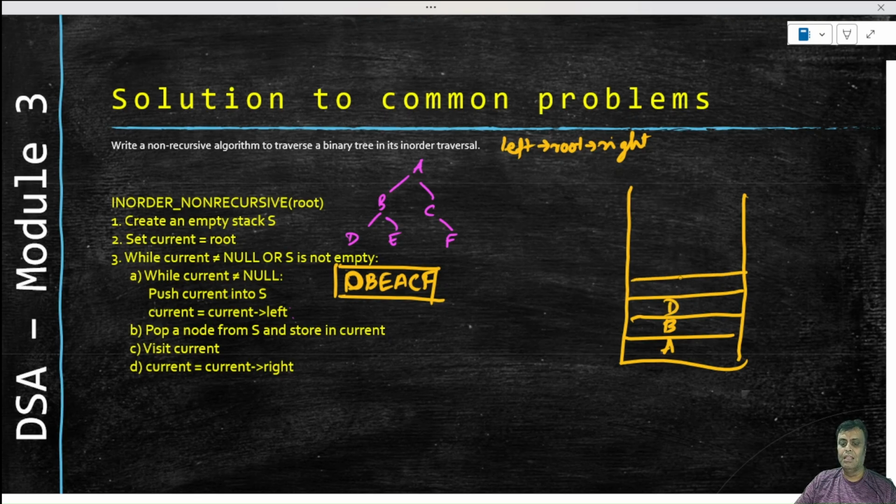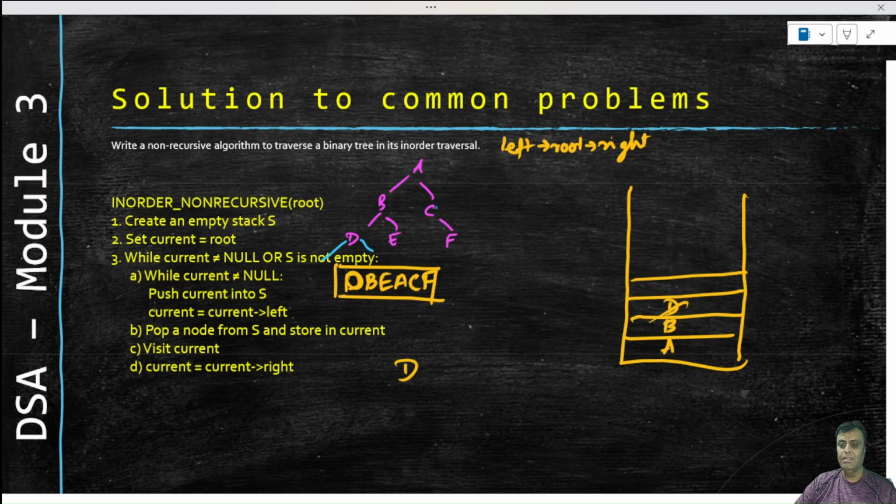Then we get a null. If we get a null, then we pop out D and print it. So we had gone left of D, and because we got a null, we popped it out. Now this is printed. Therefore, now we will go to the right of D.